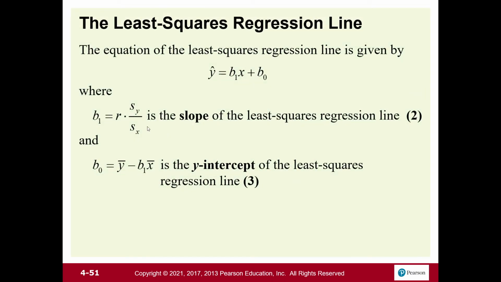So it turns out, and it's a very complicated formula, but the least squares regression line is this: y hat equals b1 x plus b naught, where b1 is the slope, and the slope is the correlation coefficient r, times the ratio of the standard deviations, and the y-intercept is the mean of the y values minus the mean of the x values times b1, all right?